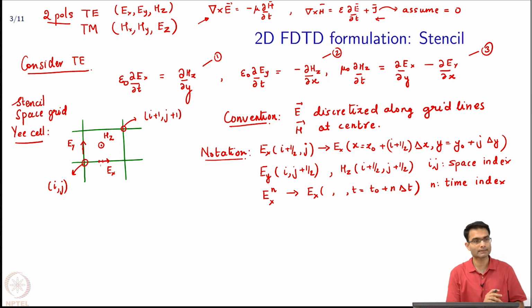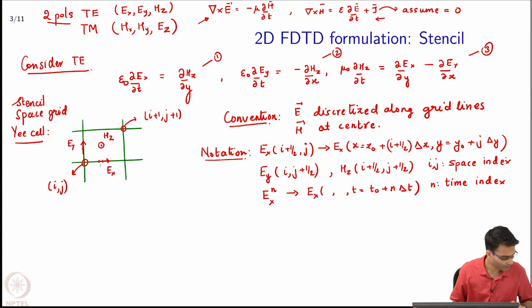Now that we have done this, let us try to convert equations 1, 2, 3 using our central difference idea. So, the first equation, what do we write for our first equation? It is time derivative of Ex.